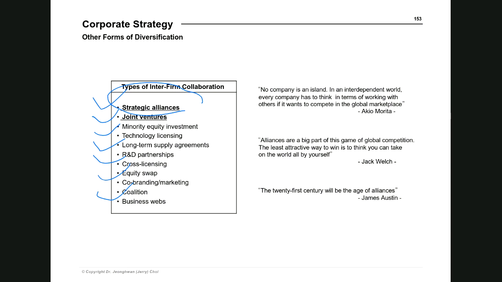No joint ventures with external investors. No minority equity. No technology licensing. No long-term supply or R&D partnership. No! I expect that. That means China will encounter a very tough business situation. That's my personal expectation.